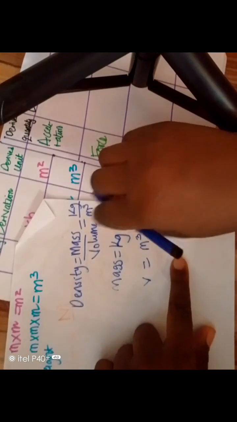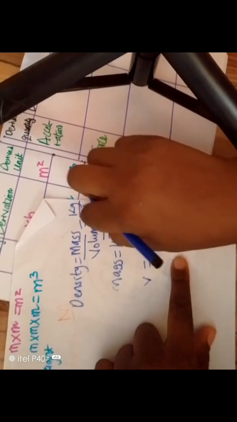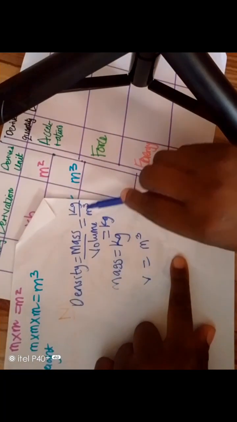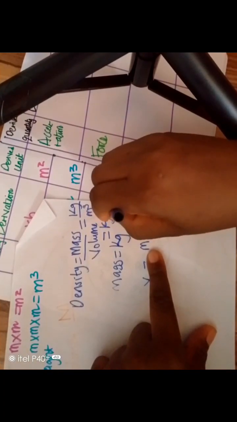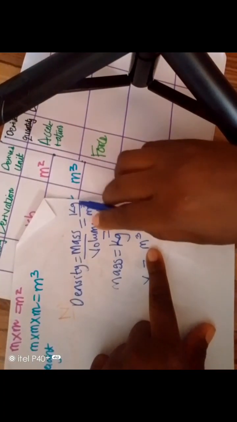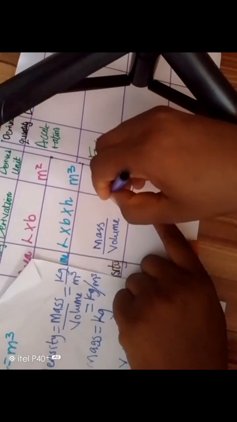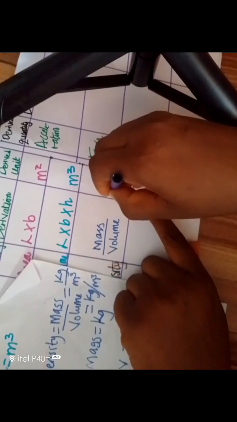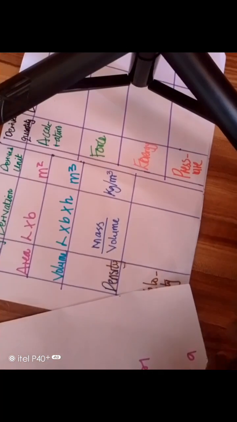So all of them equals kg over m^3. It's the same thing. Very simple. So this is our kg per m^3. Very, very simple.